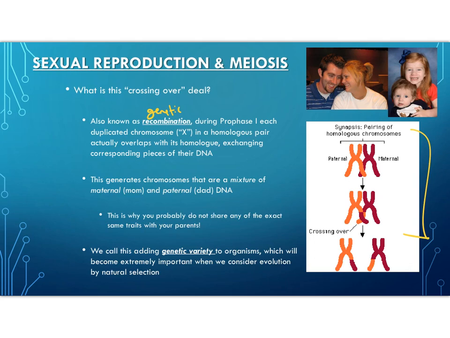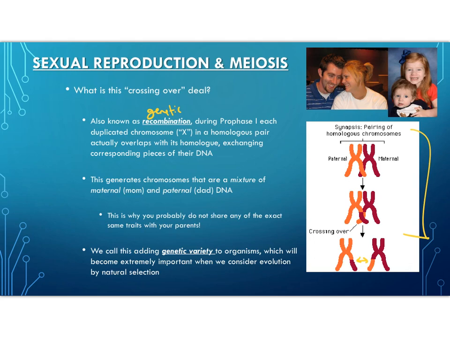The homologous chromosomes come together, and 2 of these non-sister chromatids, so ones that aren't identical, so in this picture we got an orange and a red, they're going to cross over a little piece of their chromosome and actually exchange it, like you see here in the bottom of the picture. This leaves us with new, unique chromosomes that have not existed before. These are a unique mixture of your maternal and paternal DNA. And so then these chromosomes get passed on to your children.